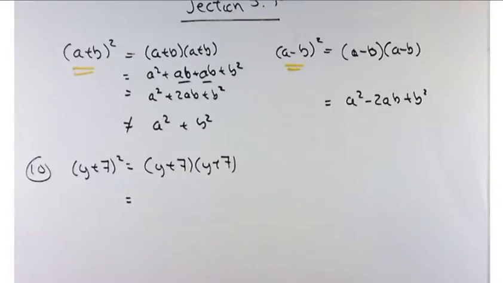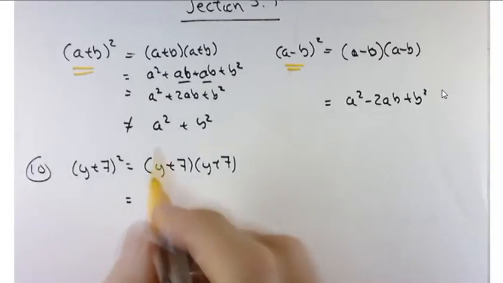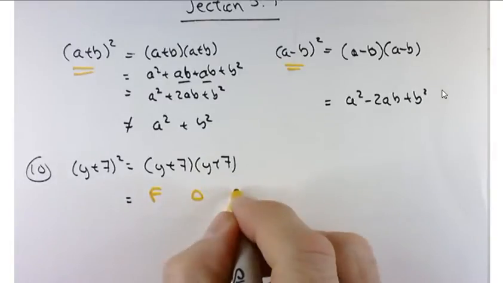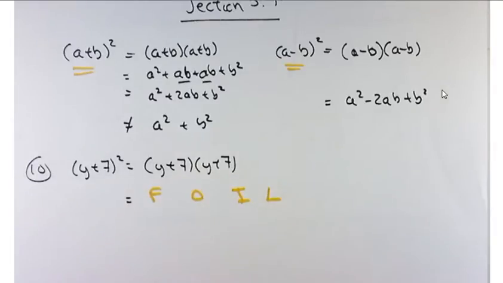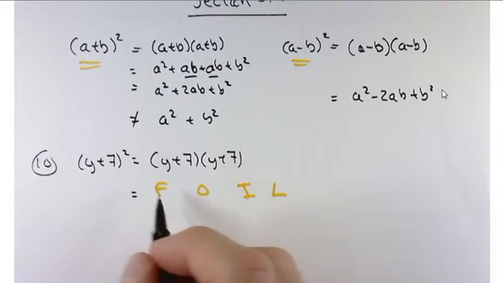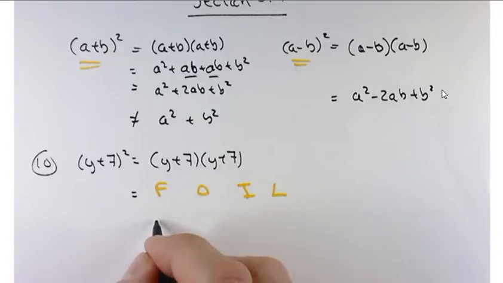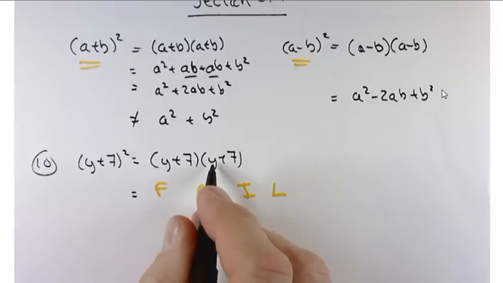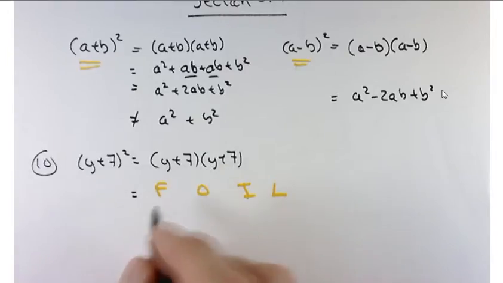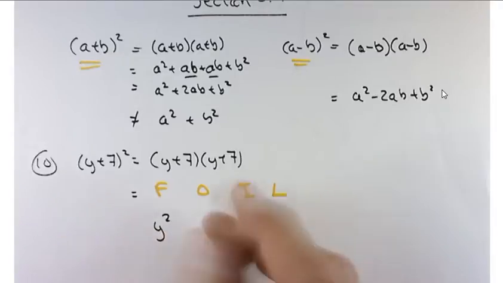What's the word that helps us multiply this stuff out? FOIL. So first, outside, inside, last. Kesanaya, first terms, what would that give me? All right, y squared, good.